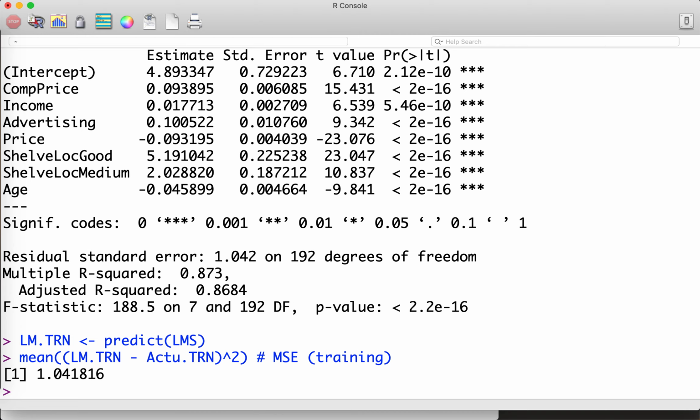And actually this is 1.04. This is pretty small. So in fact, this is much better than regression tree. But this is training set, so how about test?